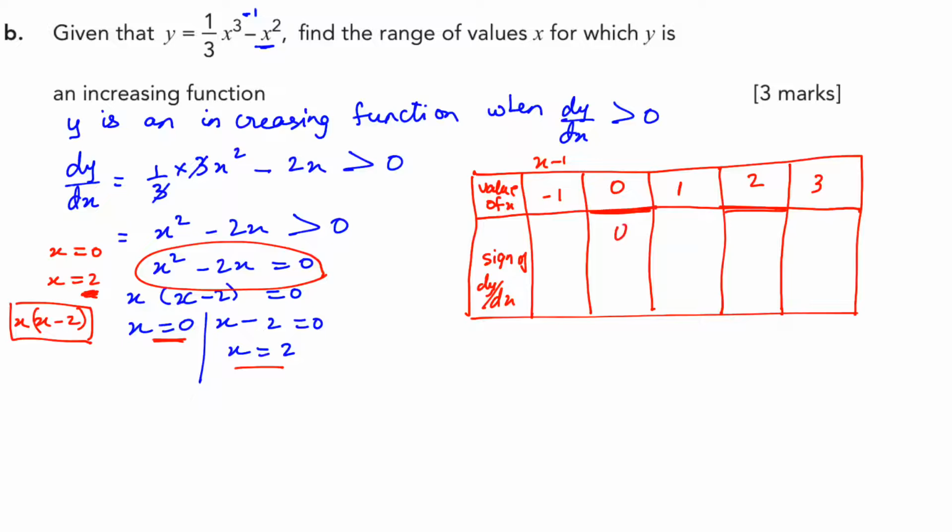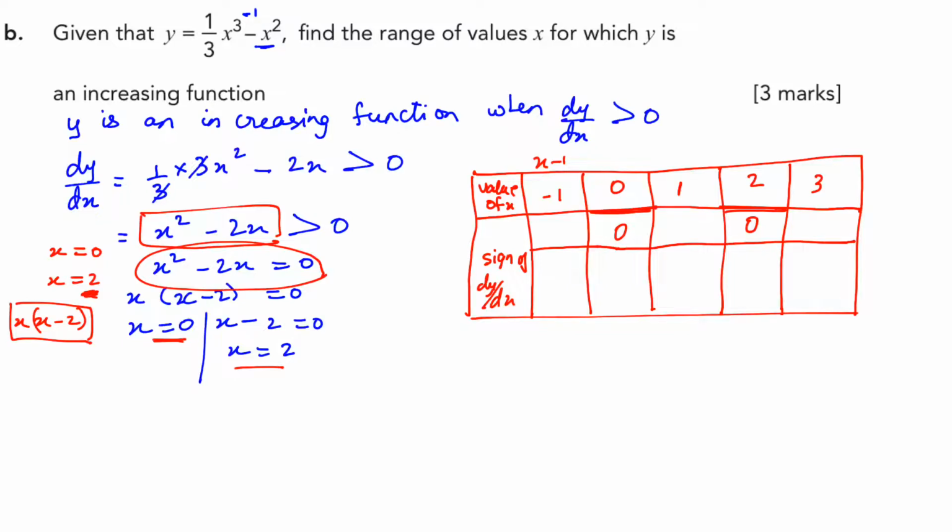So these are the numbers that we got. When you put 0 and 2 in the calculator for dy over dx, you are going to get 0. So it's going to be 0 only. Now substitute in your gradient. This is your gradient here. Substitute the values.